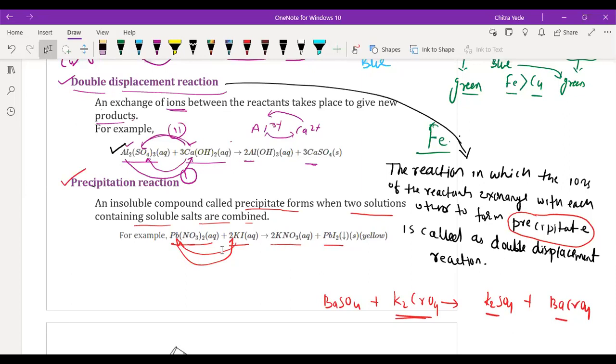Can you give another definition for precipitate? I'm going to change the ink for precipitate. PPT is nothing but the precipitate.